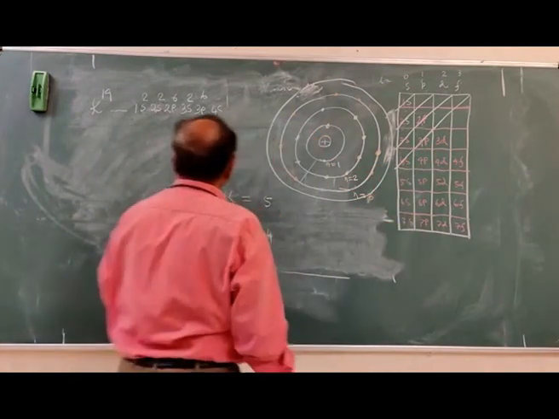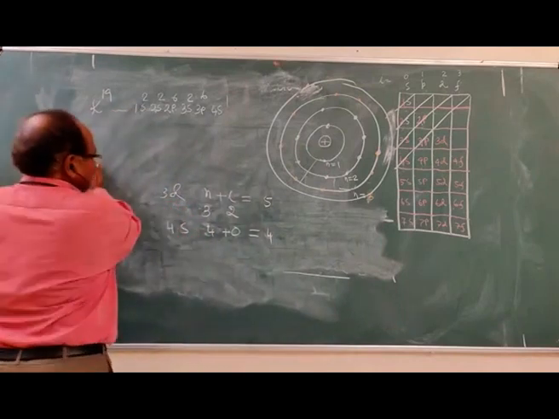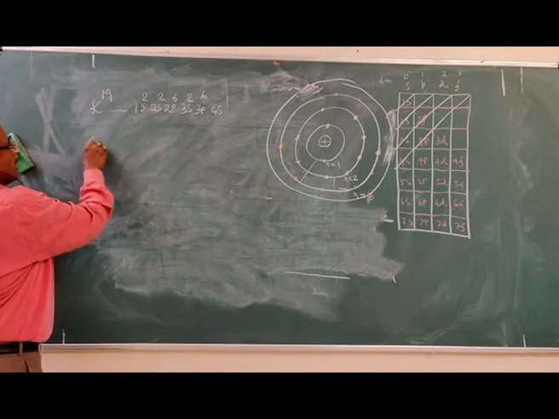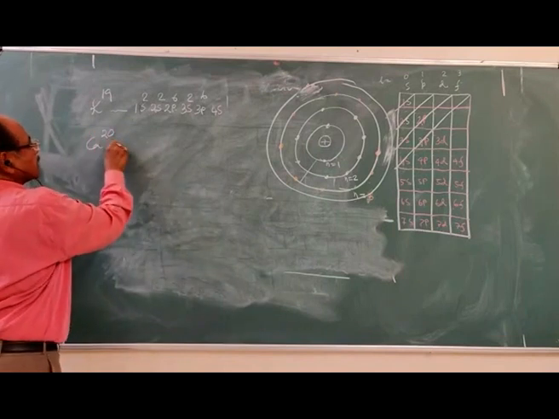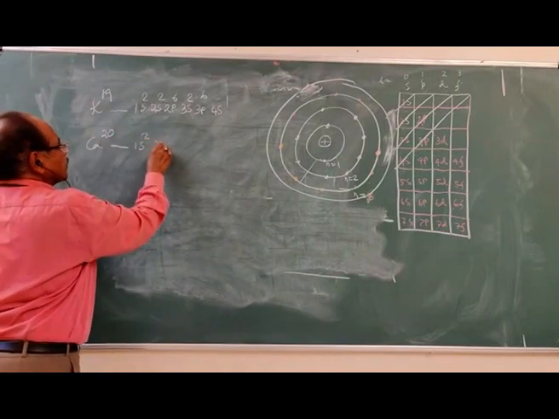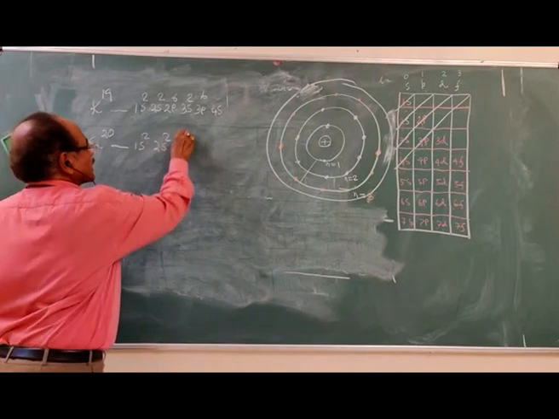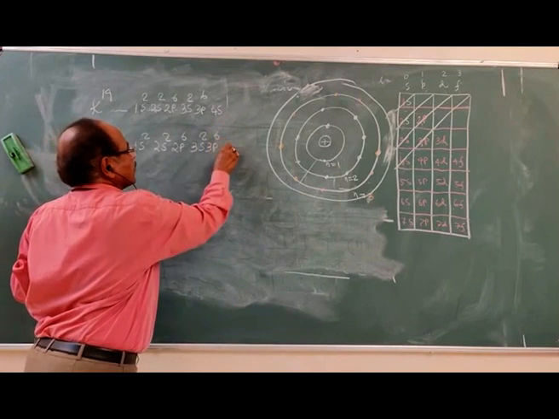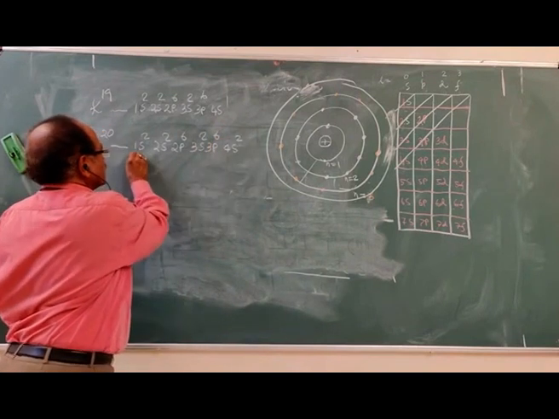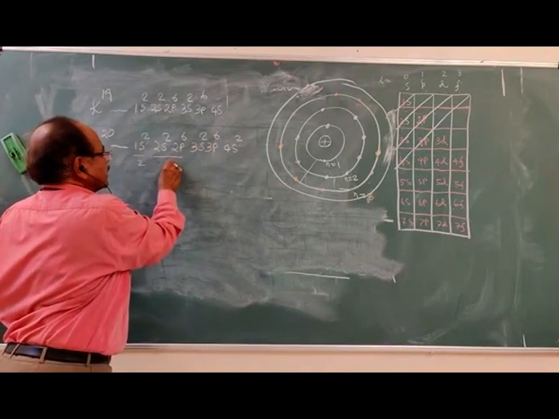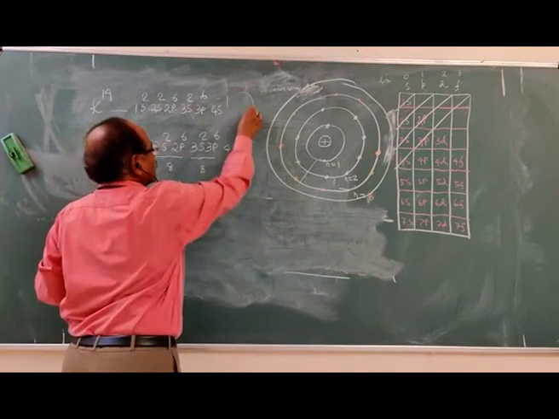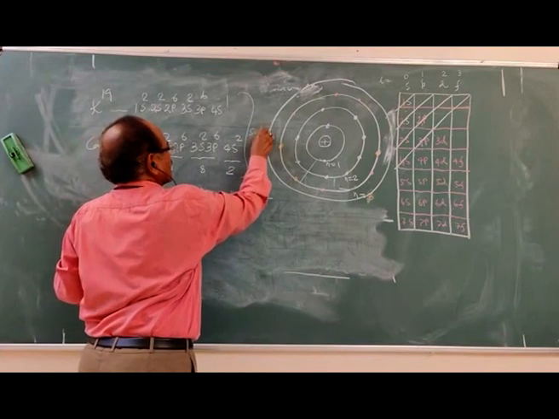Now, we have here potassium 19, 4s1, then calcium 20, it is 1s2, 2s2, 2p6, 3s2, 3p6, 4s2. Now this 2, this 8, this 8, these 2. So both of these belong to the S block of the periodic table.